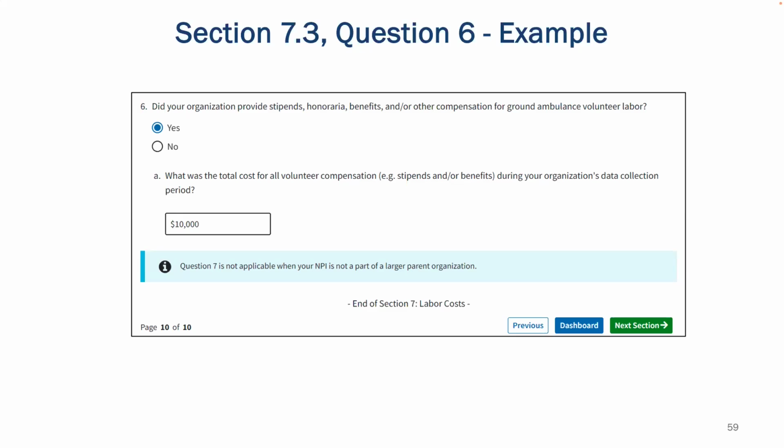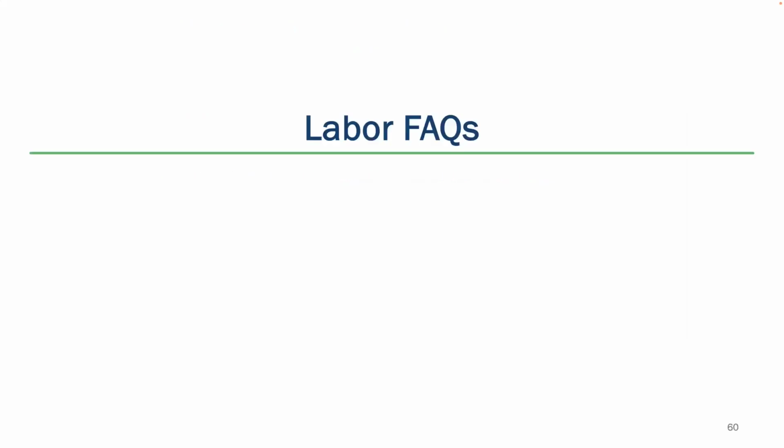And 4,000 plus 6,000 equals $10,000. So this organization would answer yes to question 6 and input $10,000 for question 6A. That brings us to the end of our example.